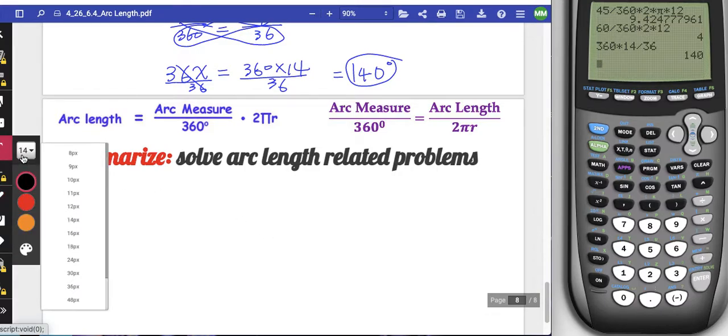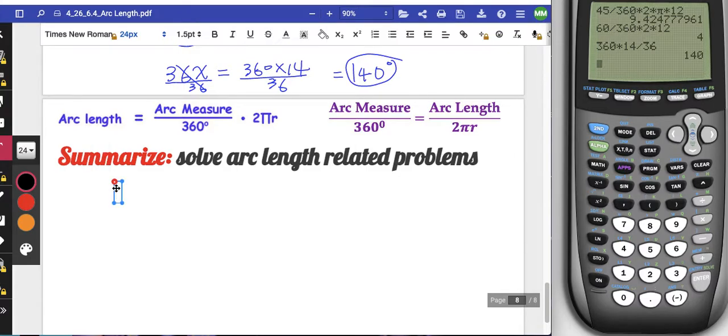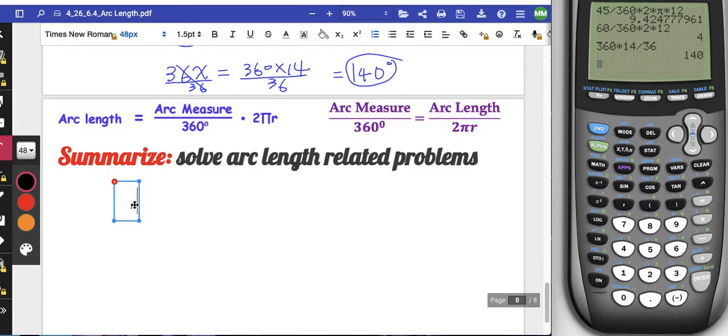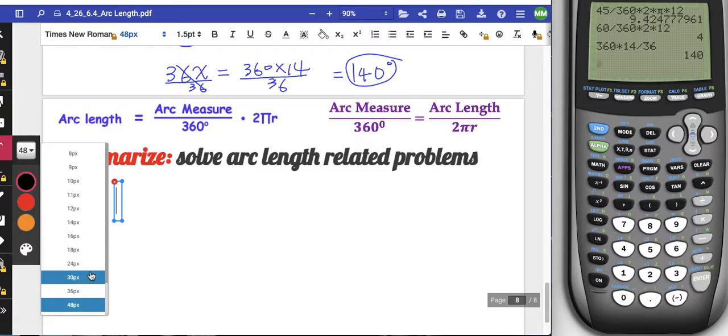So let's just quickly do some reflection here. I need to make a bigger one. I don't know why it's not changing, but it really doesn't matter. So let's just go back to the original setting.